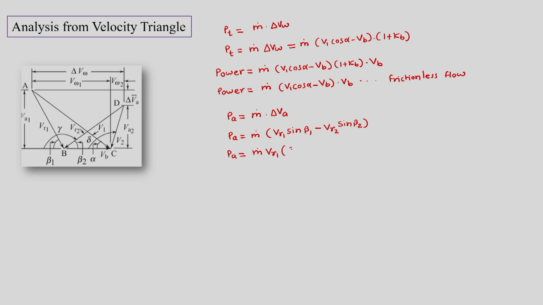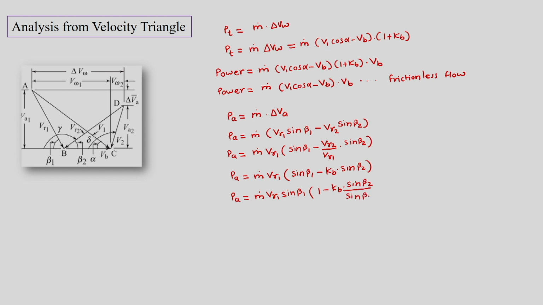So we have Vr1 into sin beta 1 minus Vr2 upon Vr1 into sin of beta 2. So the axial thrust is m dot Vr1 sin beta 1 minus Kb into sin beta 2. If we take sin beta 1 also common, then m dot Vr1 sin of beta 1 into 1 minus Kb into sin beta 2 upon sin beta 1.